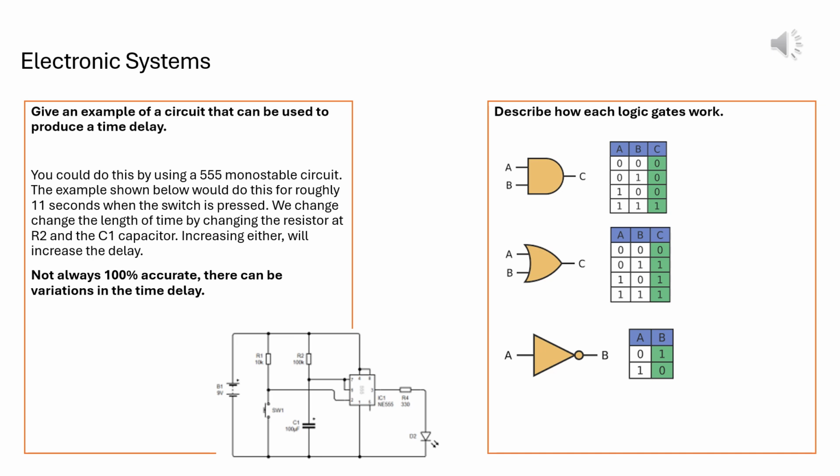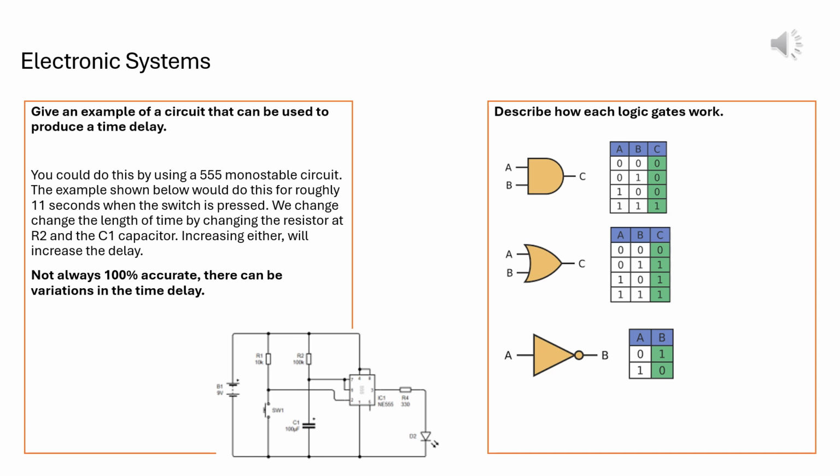Now what we have here on the right is your logic gates. The first one is an AND gate, and I usually help my students remember this because it looks like a D, and the last letter of that is a D. So you can see here with an AND gate, both must be true for the outcome to be true. So both switches need to be on in order for the output to be on.